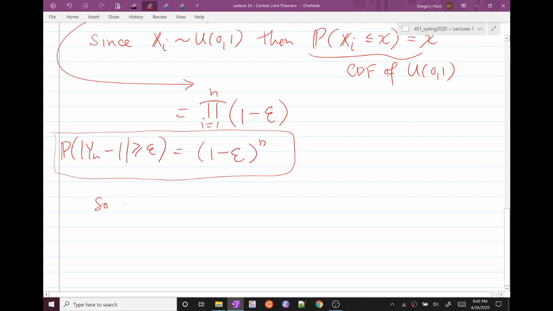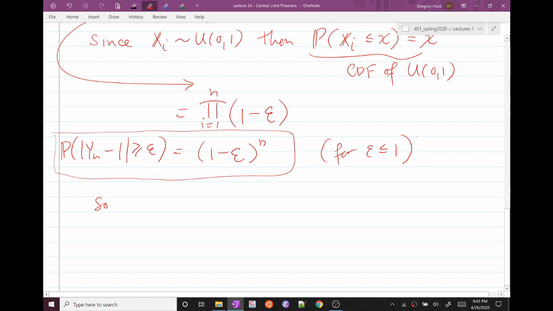There's technically a caveat: this is for epsilon less than or equal to 1. If epsilon is greater than 1, it's trivial. The probability Yn is more than epsilon away from 1 is 0, always, because of the bounds of our random variables. It's a pretty easy case. Turns out it was always 0.